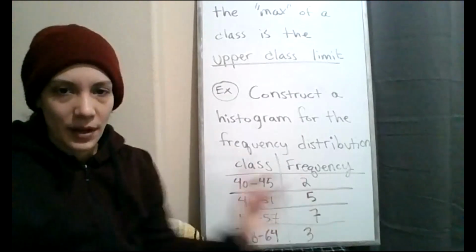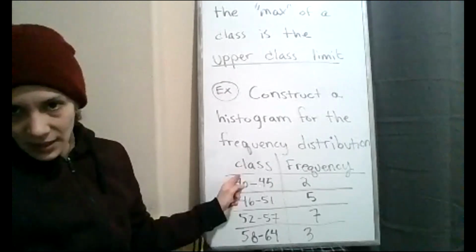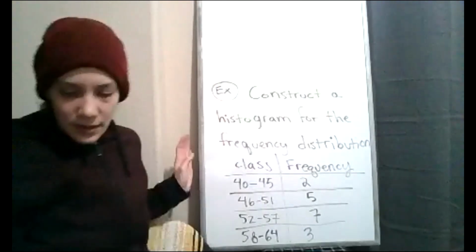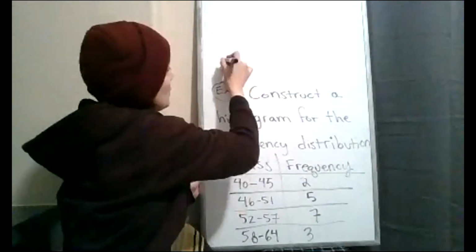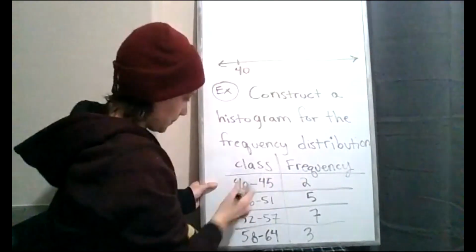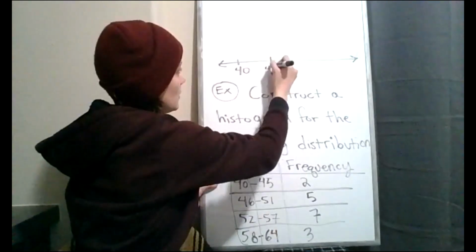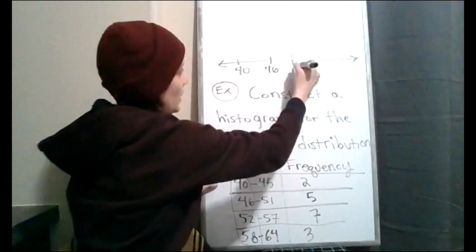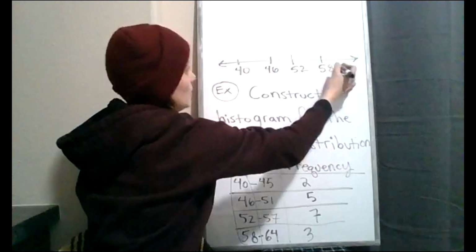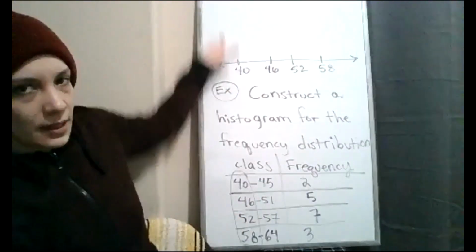I'm going to get 40, 46, 52, and 58 ready on another line. 46. And then I'm going to put just a small space here and the next axis.